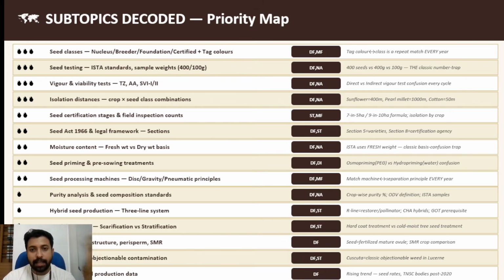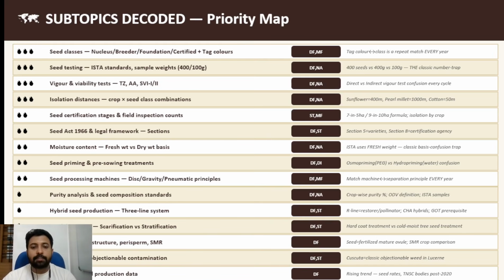It is not that easy to remember, but you should refer to Agarwal's book, a very good standard reference book for seed science and technology. You should make a table of the isolation distances of major crops and study it well.